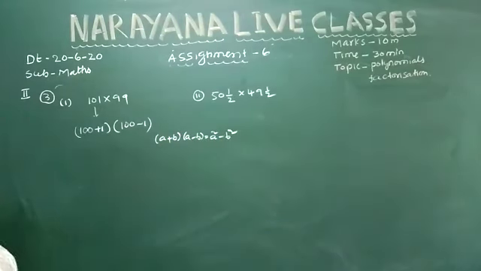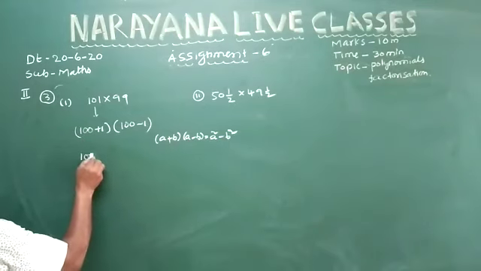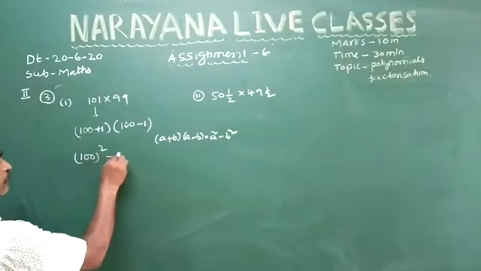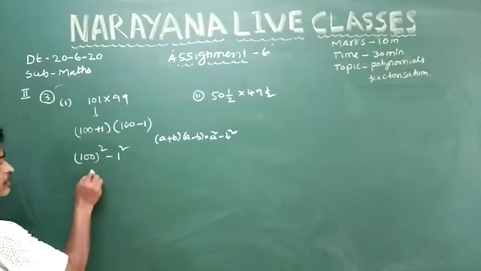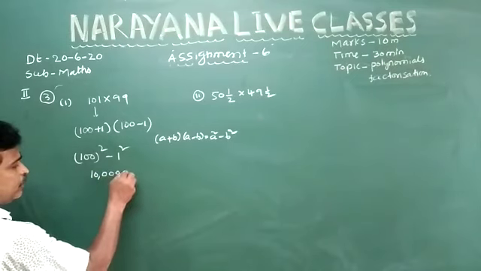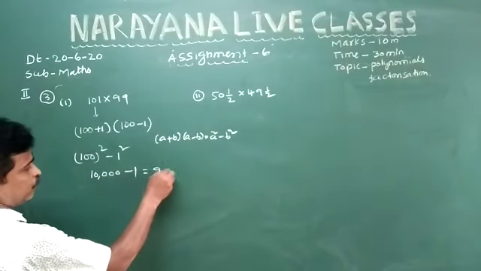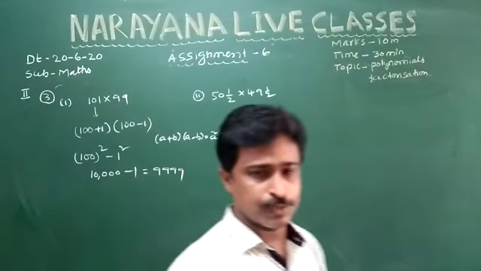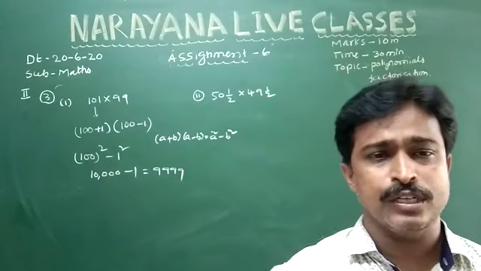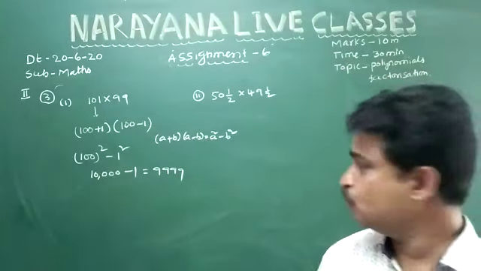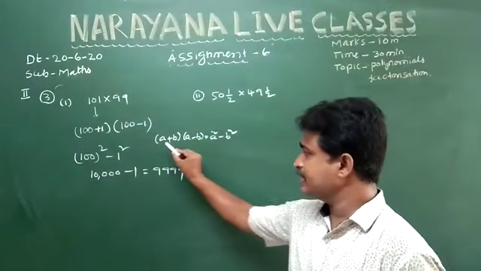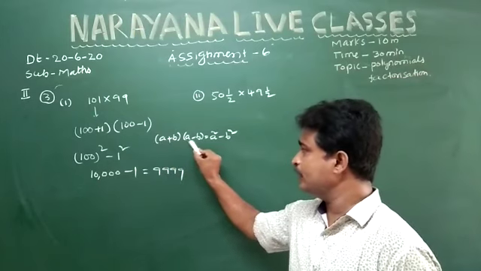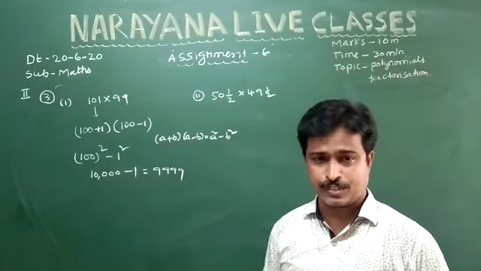Here a square is 100 square minus b square is 1 square. 100 square is 10,000 minus 1, that is equal to 9999. Here we are doing these problems without using actual multiplication. We use only the identity: a plus b into a minus b equals a square minus b square.